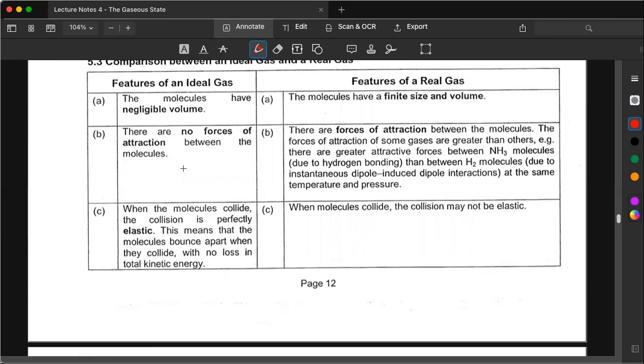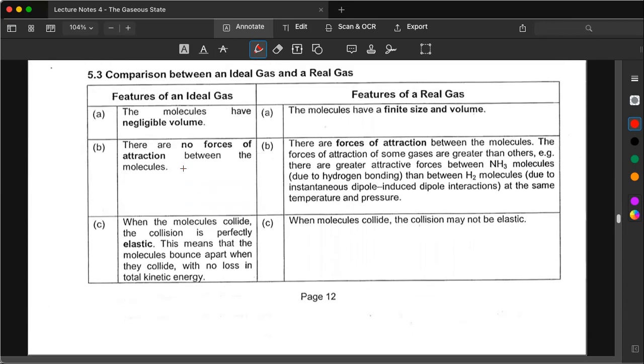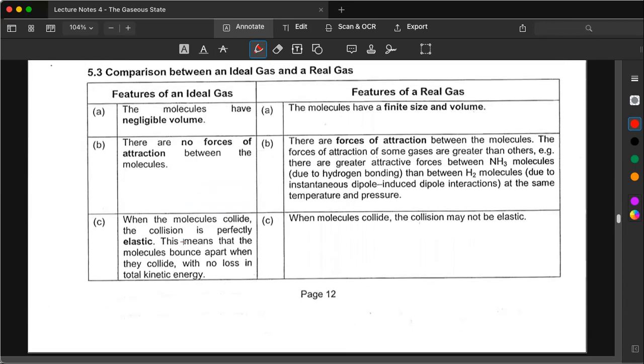Like ammonia molecules, there is a greater attractive force between them due to hydrogen bonding than between hydrogen molecules, which is just ID-ID interactions.